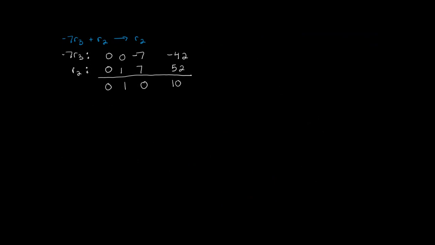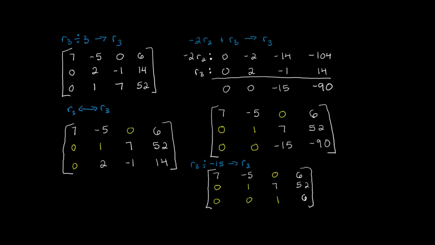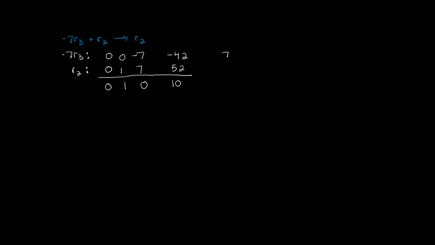So now my matrix is 7, -5, 0, 6. This is my new row 2, 0, 1, 0, 10. And then my row 3 is 0, 0, 1, 6.